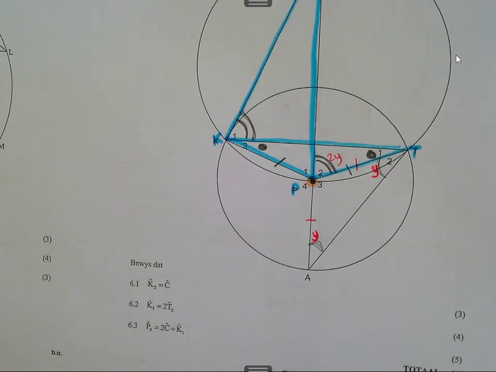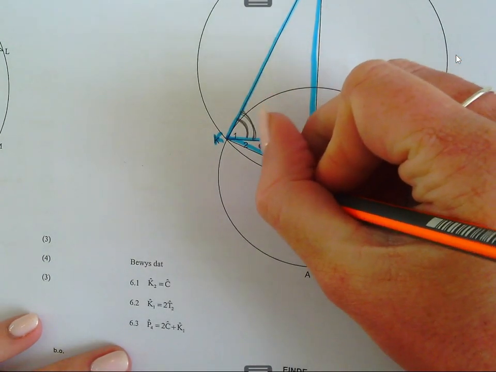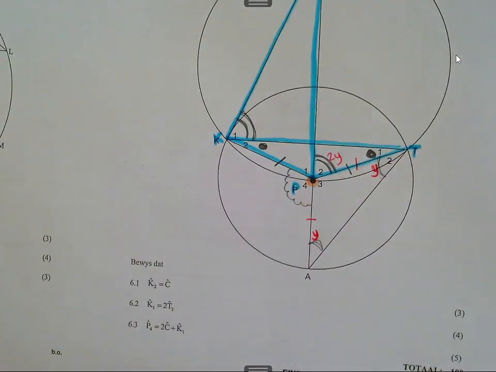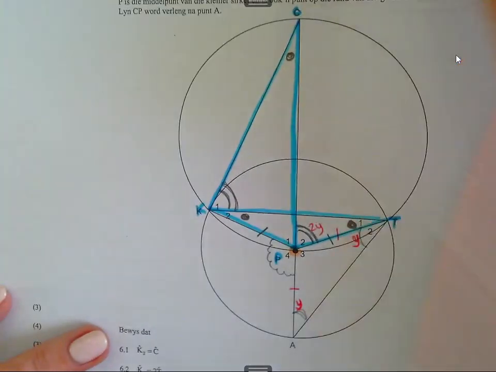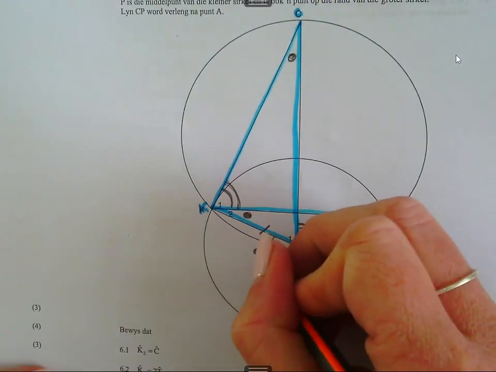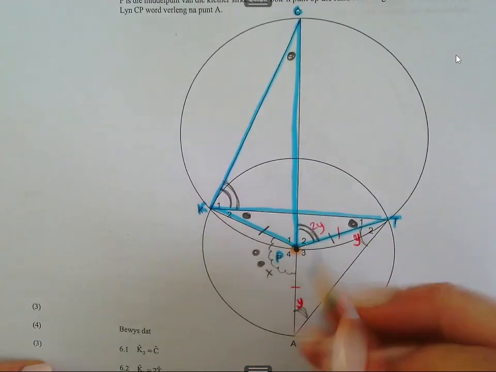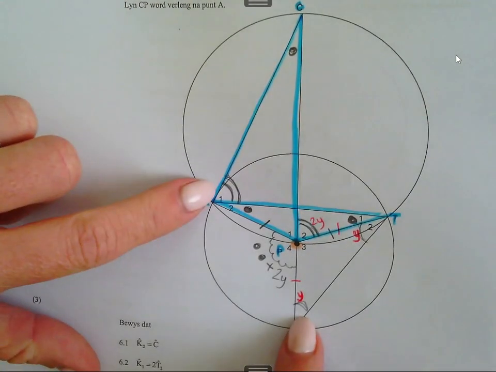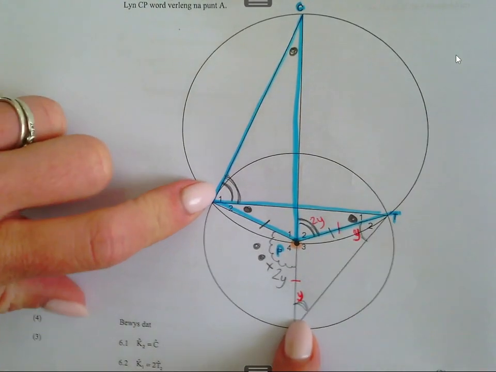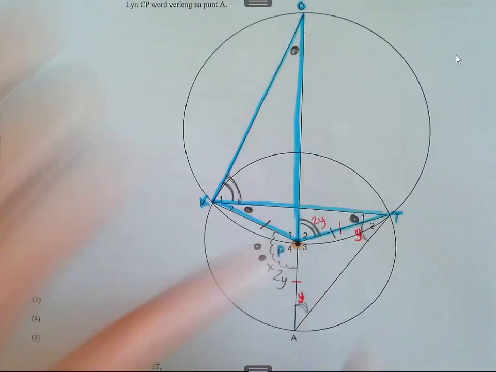Number 6.3, the last one, they want you to prove that P4, which will now be this one, is equal to 2 times C. So it's 2 times that one that has a dot, 2 dots, plus K1, which is this one that is 2Y. Okay, so looking at that, I can see that this is the angle at the center, and I have the angle at the circumference there.